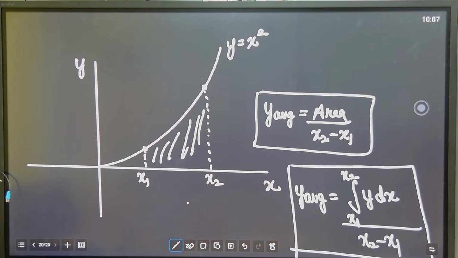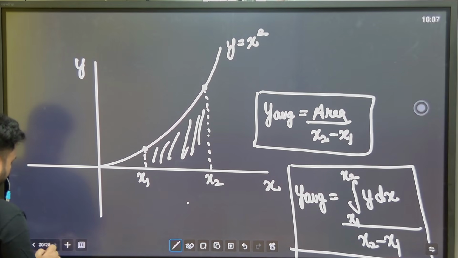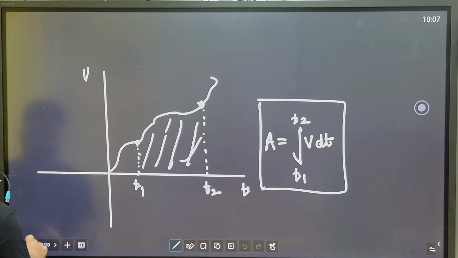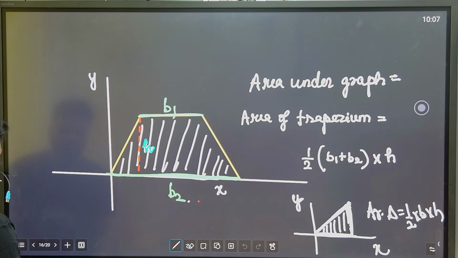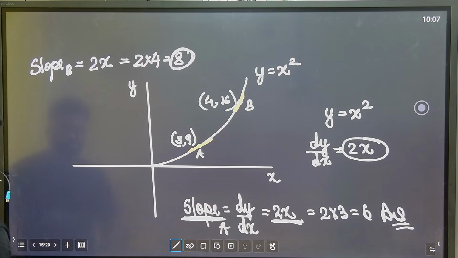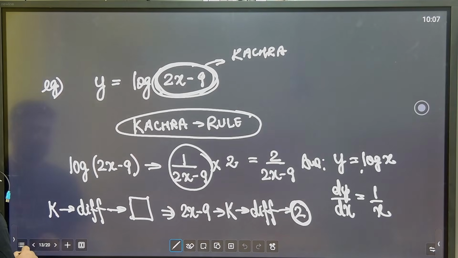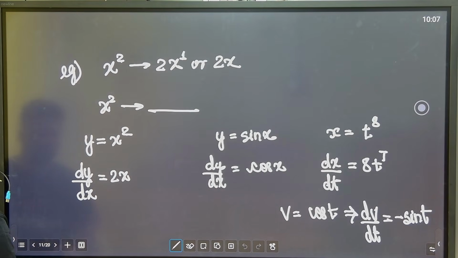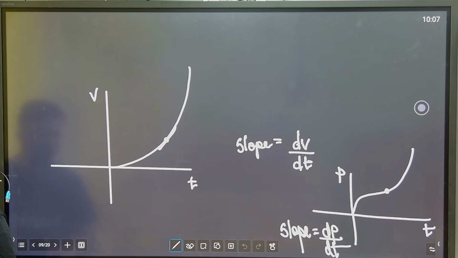Now see, how to find the integration values. We are going to learn some integration concepts, because we have to do the integration.